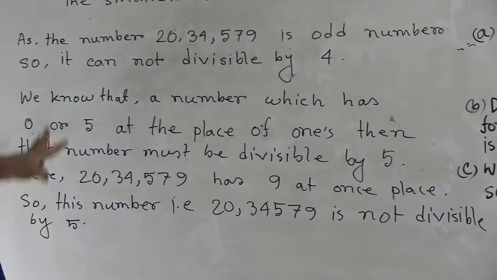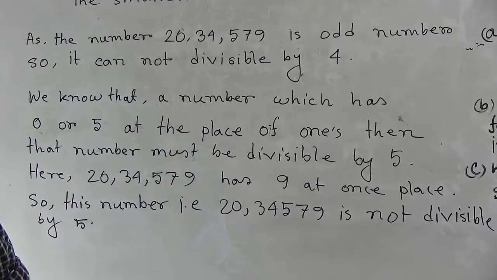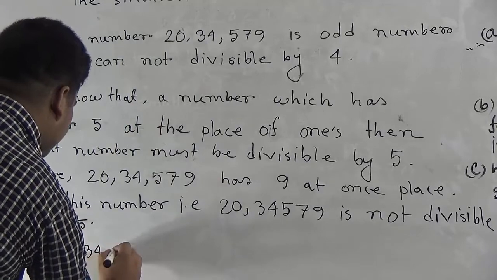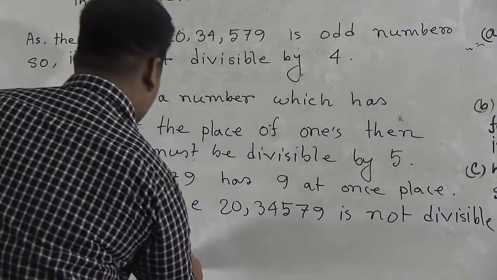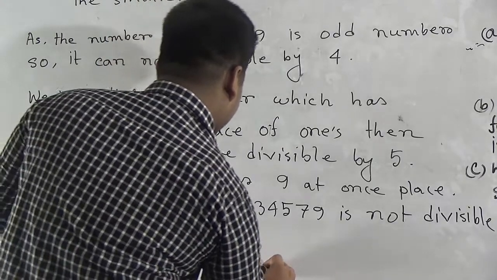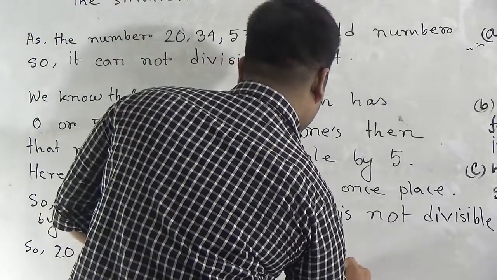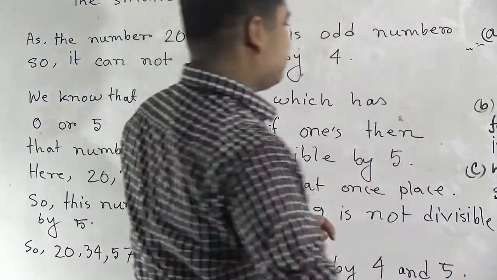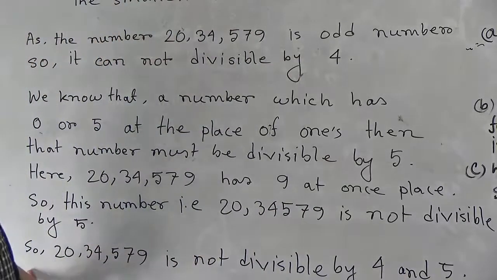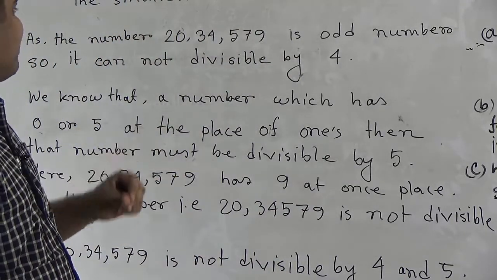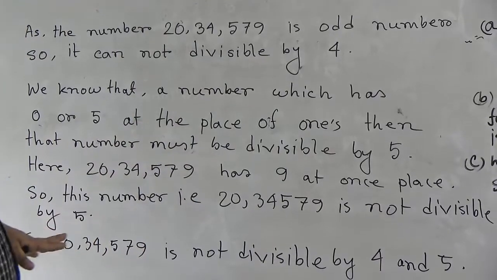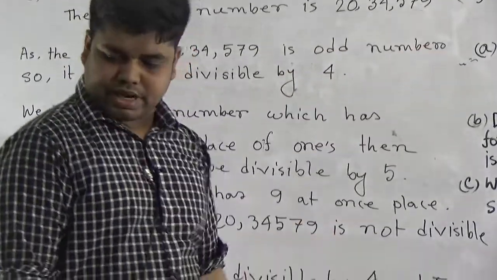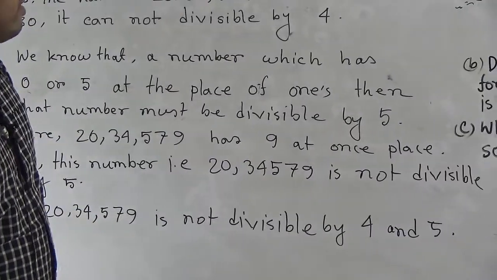Now we can take a decision from this question that 20,34,579 is not divisible by 4 and 5. So our question number B is done, and from this we can take the decision that 20,34,579 is not divisible by 4 and 5.